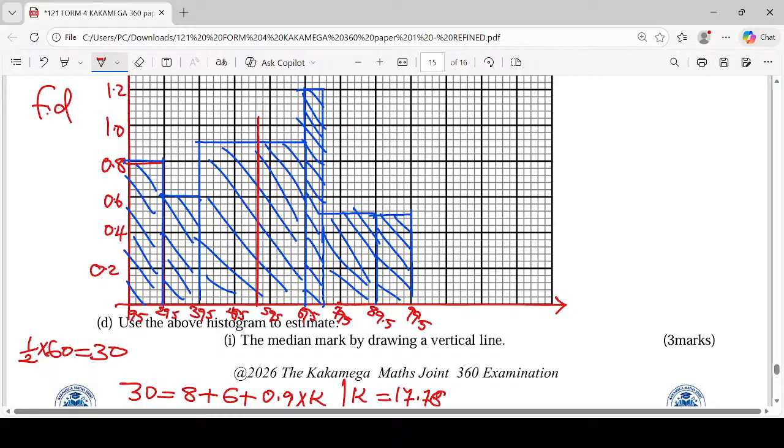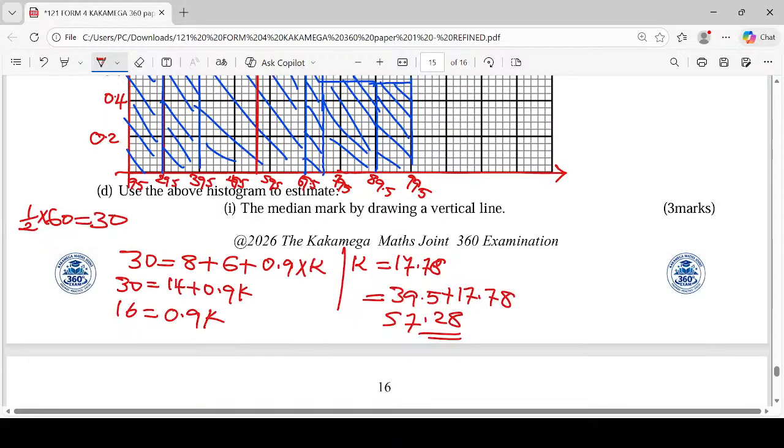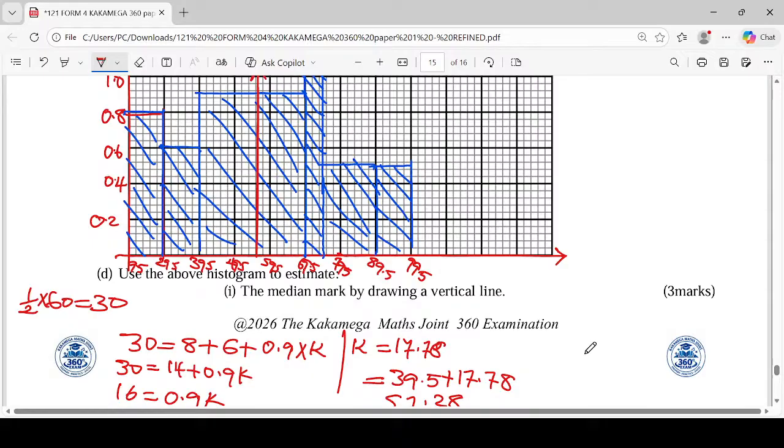That is the vertical line that shows the position of the median in that question. And that's how you respond to that simple question, ladies and gentlemen.